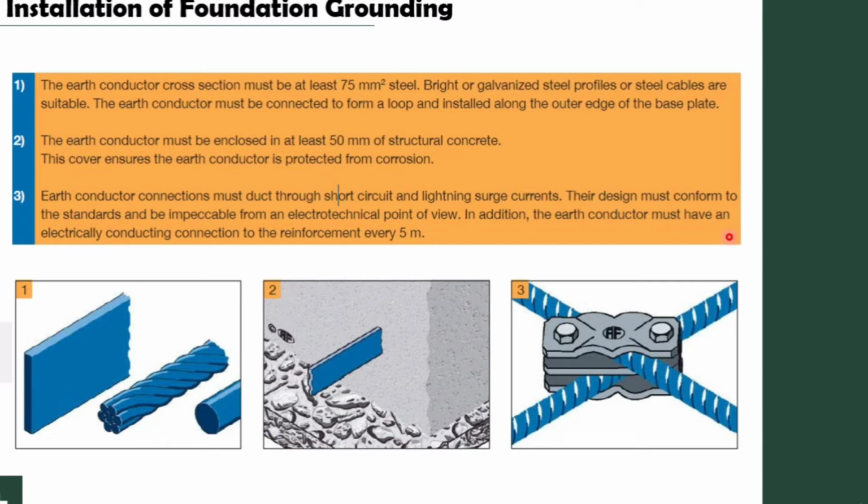And number 3. The earth conductor connection must withstand short circuit and lightning surge current. Their design must conform to the standards and be impeccable from an electrotechnical point of view. In addition, the earth conductor must have an electrically conducting connection to the reinforcement every 5 meters.